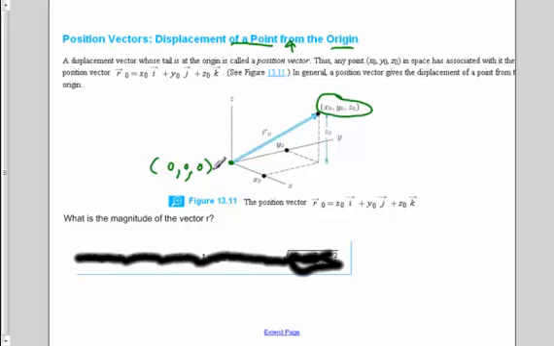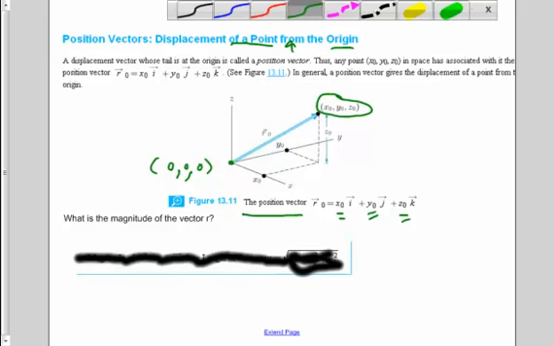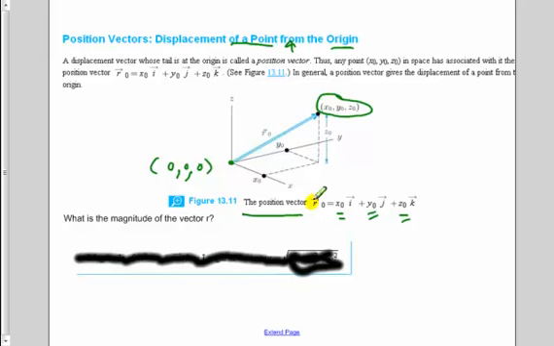So the difference between x naught and 0 is just x naught in the i direction. And y naught minus 0 is y naught. And z naught minus 0 is z naught. And because it's a unique special position vector, we write it as r sub 0, the 0 indicating from the origin.